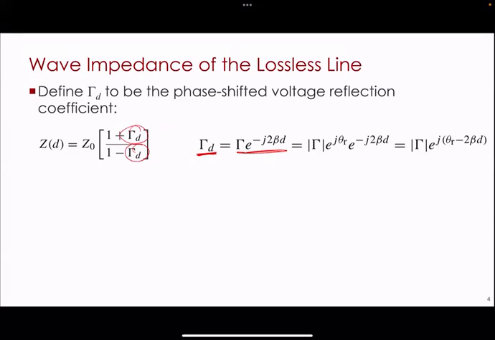And then we could plug in z equals 0, and we ended up rearranging an equation and getting this thing that we defined as gamma. In other words, gamma all along is gamma at the load. Whenever I just say reflection coefficient, it means the reflection coefficient at the load.